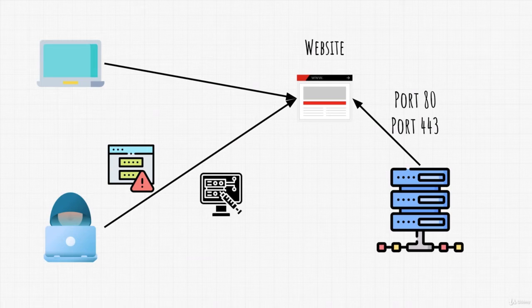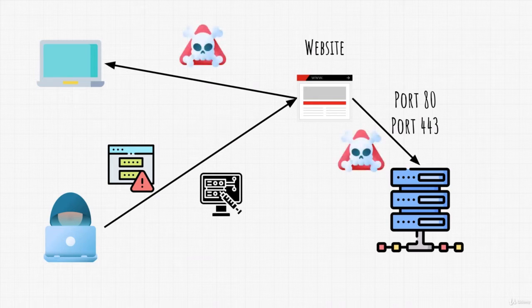You know what the best part is about all of this? A poorly written code that makes a website vulnerable to some type of attack doesn't only present danger to the server hosting that website, but it also presents danger to everyone that visits that website as well.